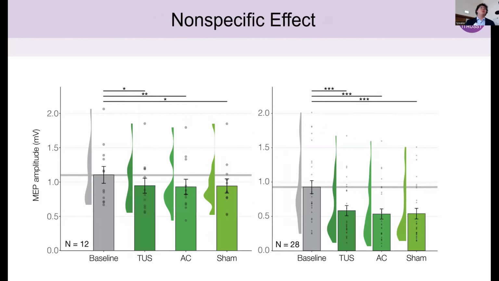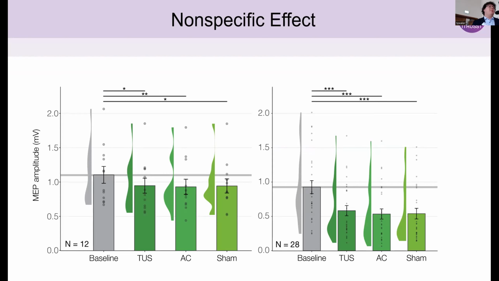And then we were a little bit less happy because what we observed was a non-specific effect of transcranial ultrasonic stimulation. So here you can see baseline in gray, TUS in dark green showed a significant reduction from baseline, but stimulation of a control condition, so stimulation of the face area, also resulted in this MEP attenuation.